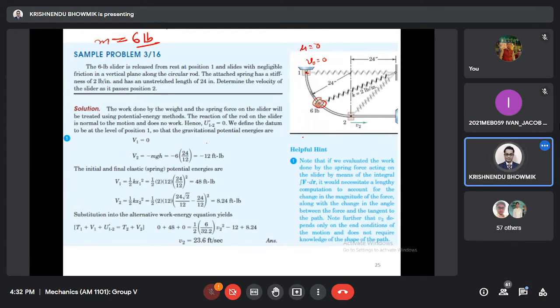Vertical plane means this is the xy plane. Don't confuse it with a straight line, it is a 2D problem, xy plane, along the circular rod.